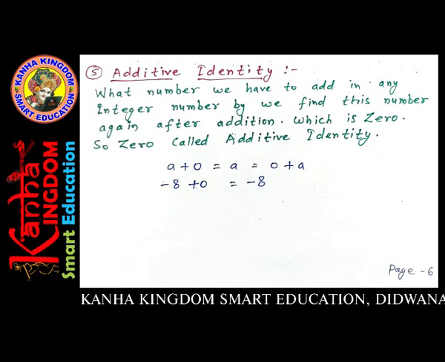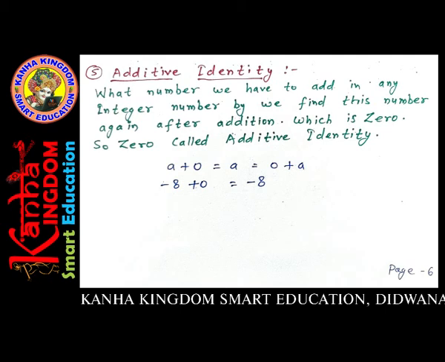Fifth property is additive identity. What number do we have to add to any integer so that we find this number again after addition, which is 0. So 0 is called additive identity.